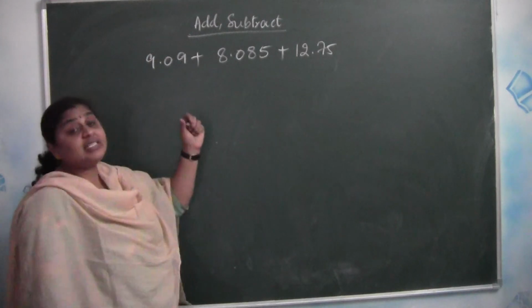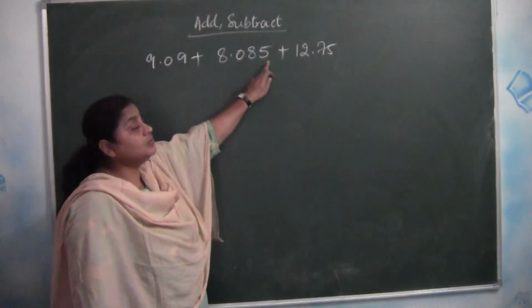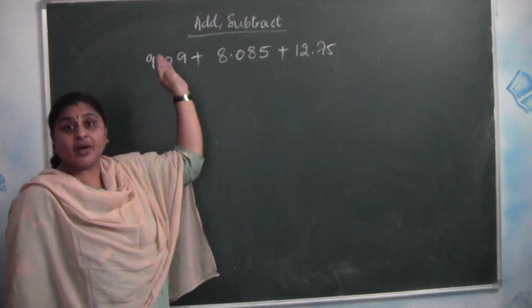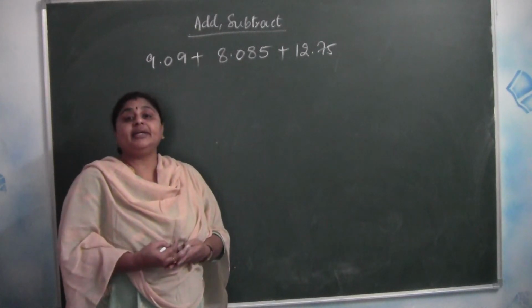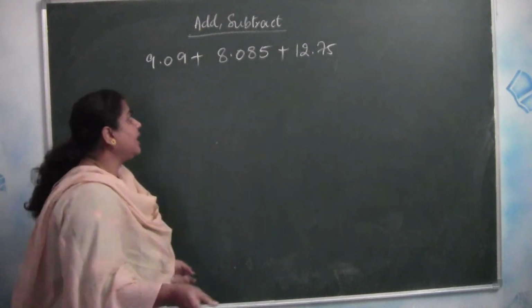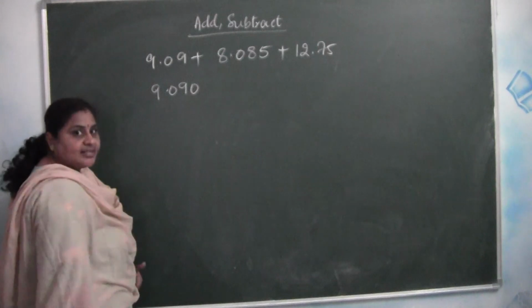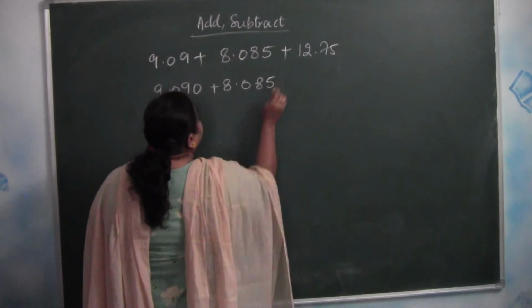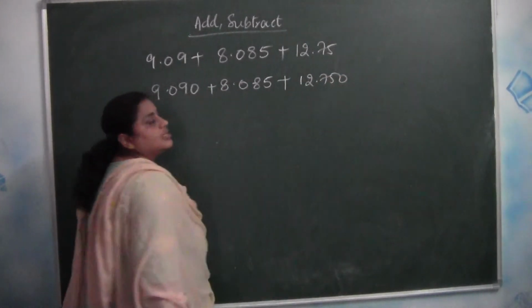What is the highest number of digits after the decimal? 1, 2, 3. Now I have to make every decimal number a like decimal such that after the decimal point it has 3 digits. So I am simply going to add a 0: 9.090 plus 8.085 plus 12.750.